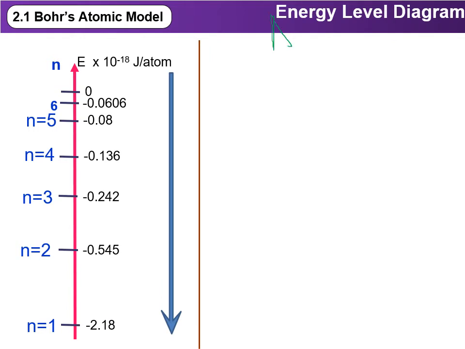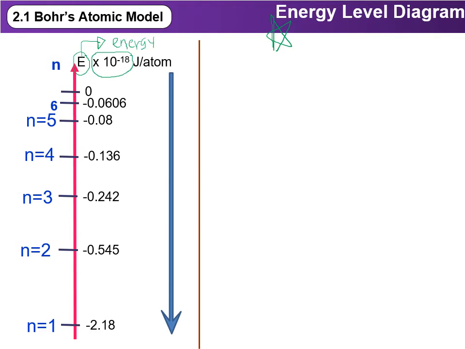Let's learn how to draw the energy level diagram. This energy level diagram has a y-axis, where E represents energy. We convert all the values to standard form, with exponent negative 18, and the unit for the energy is joule.